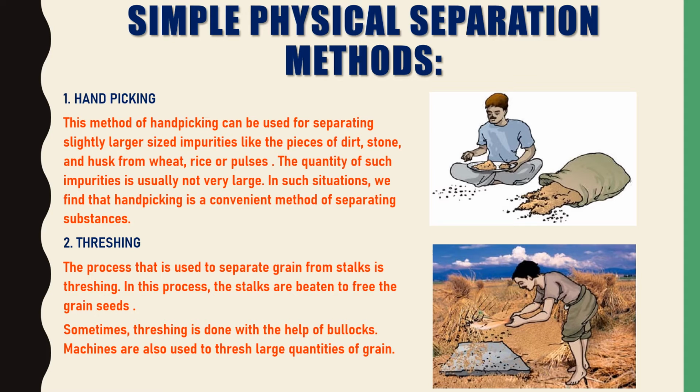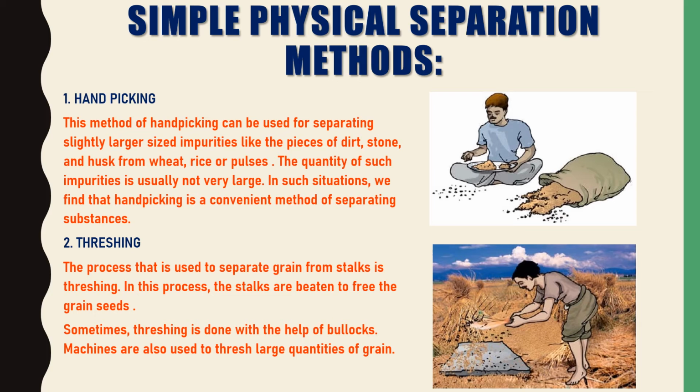Moving further, the next one is threshing. One may pluck mangoes or guavas from the trees, but grain seeds are much smaller than mangoes or guavas. So plucking them from their stalks would be impossible. So how does one separate grain seeds from their stalks?